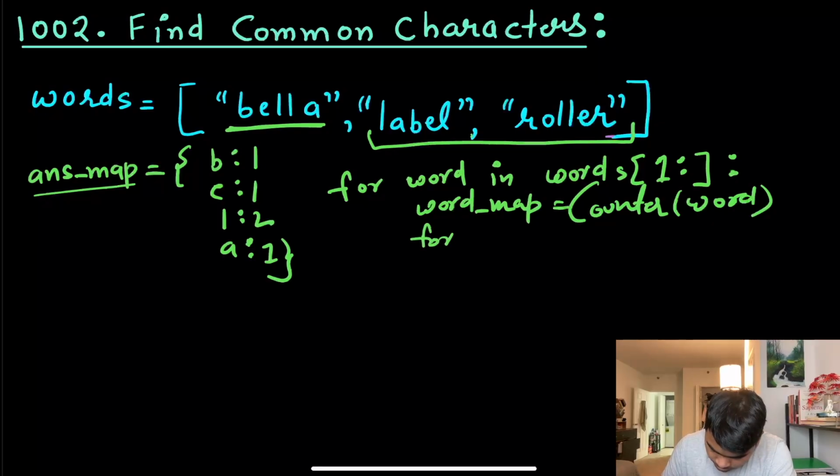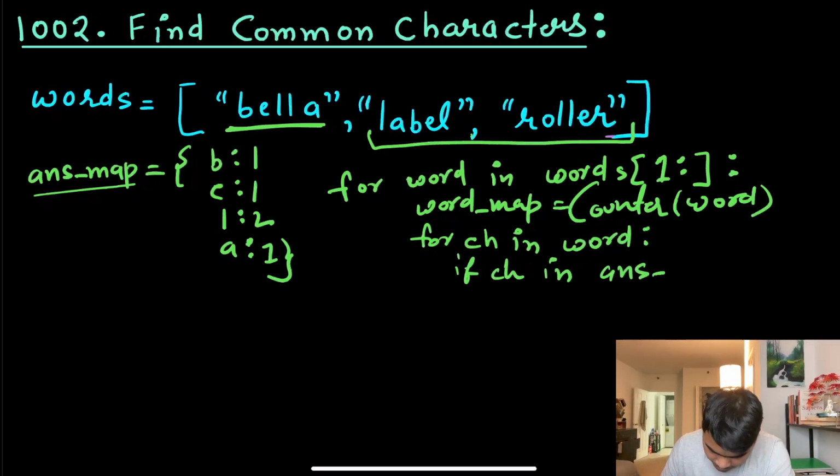So now I can just go over all the characters in this word. So for ch in this word, if this ch is in answer map, then I will modify this answer map ch.